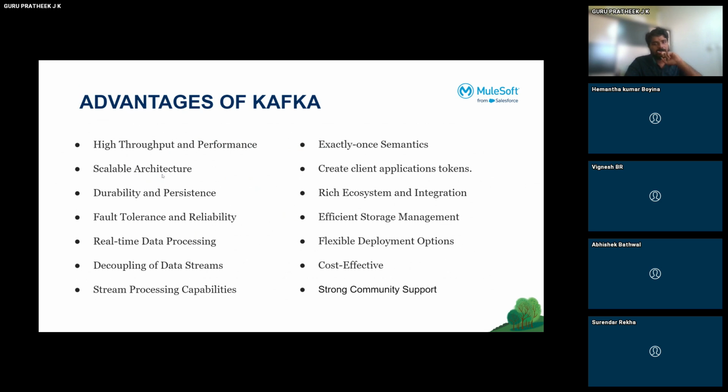Scalable architecture. Let's say the number of Kafka brokers is not working for us in a particular design. We can scale that Kafka architecture. We can increase the number of brokers and servers and also the partitions.